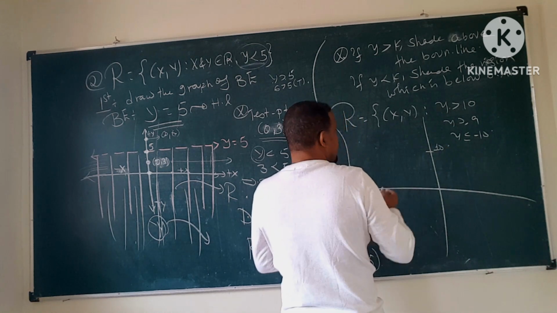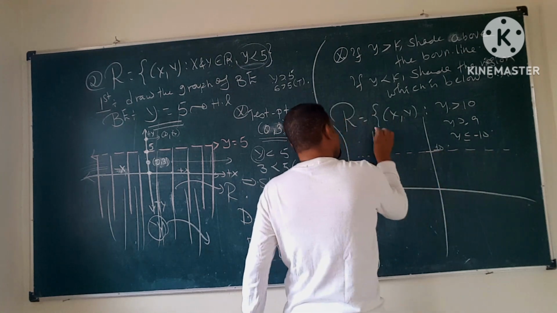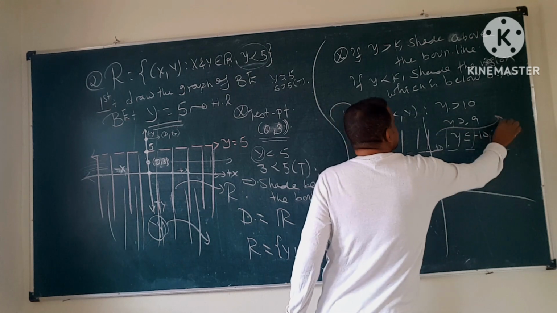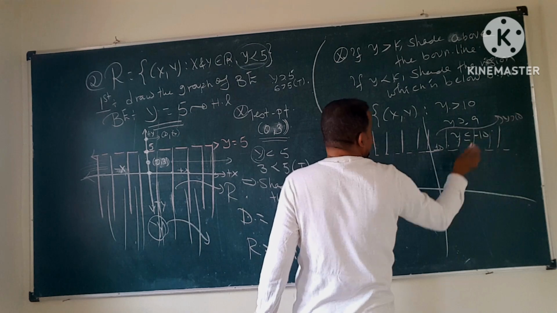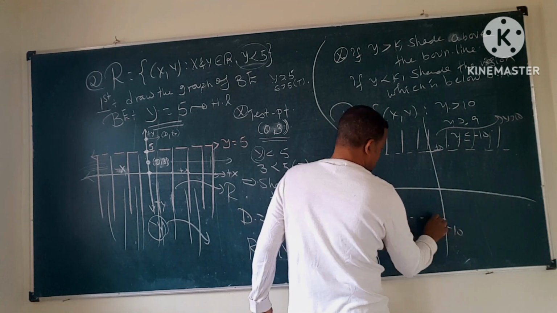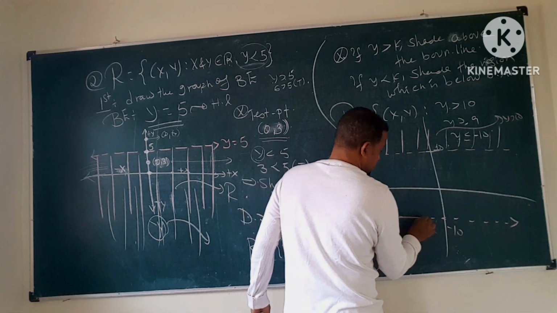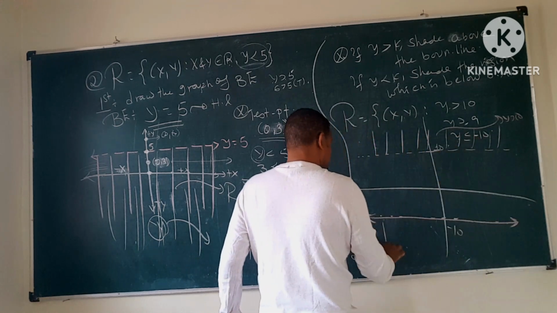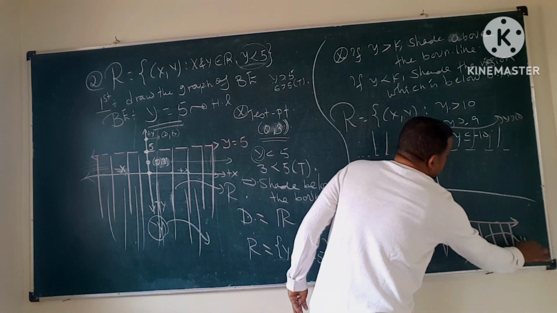Then y is greater than 10 is a broken line, and we shade above the line. For y less than or equal to negative 10, you draw a solid line since there is equality, and shade below the boundary line. So this is the graph of y less than or equal to negative 10.